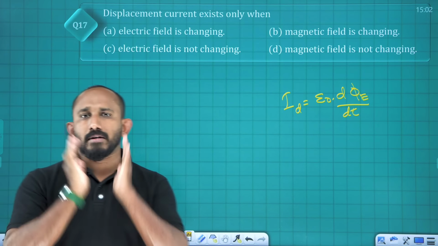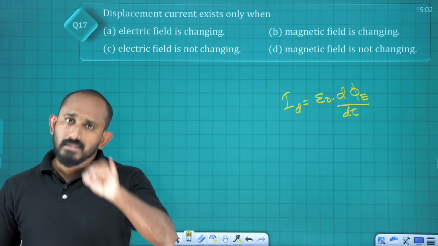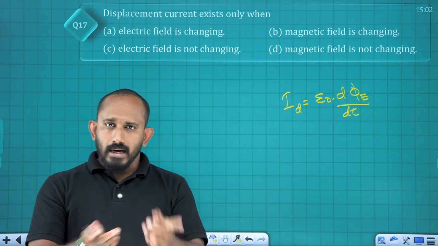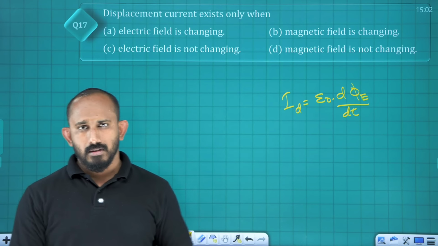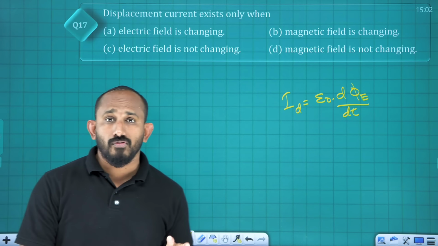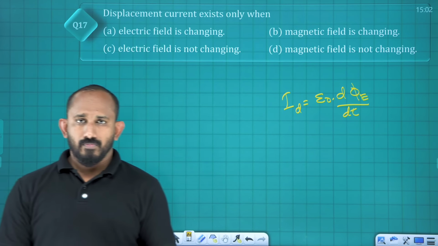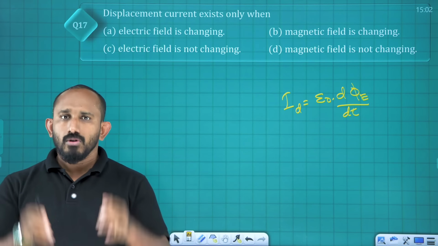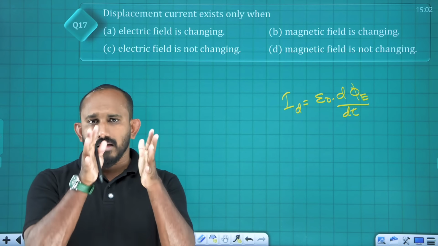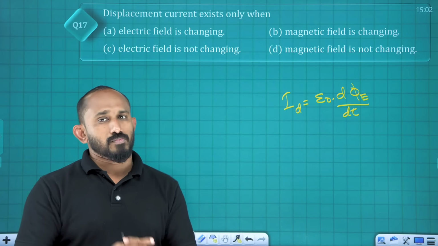Between the plates of a capacitor, there is current available. The conduction current is there, and between the plates he named it displacement current because it's not because of moving electrons. It is because of the varying electric field. So, if the electric field is varying, then between the plates there is displacement current.